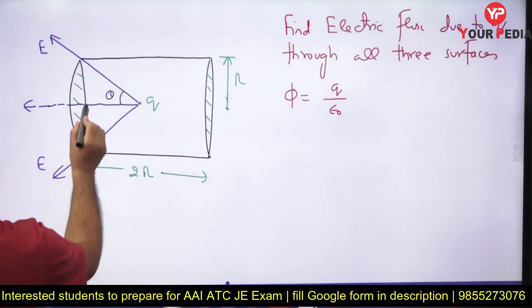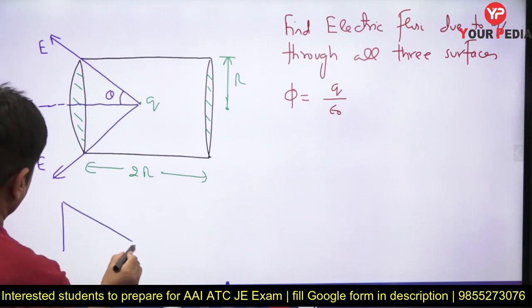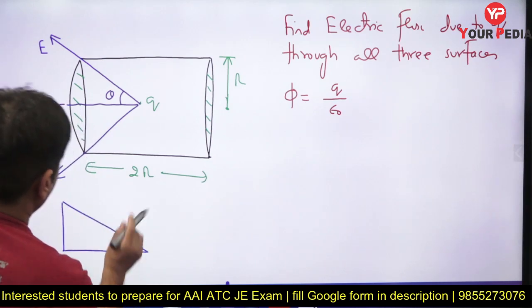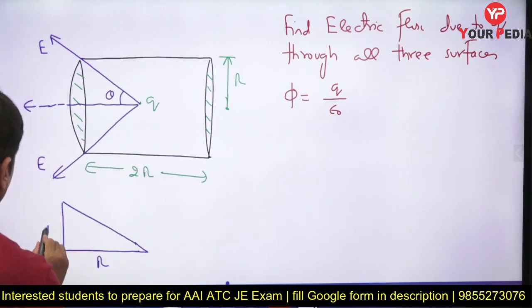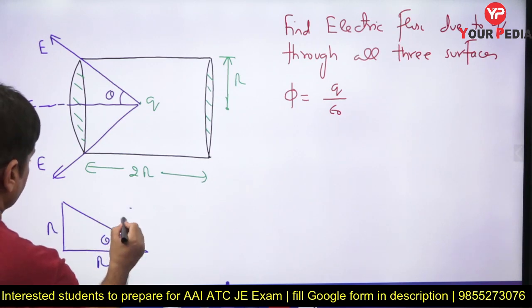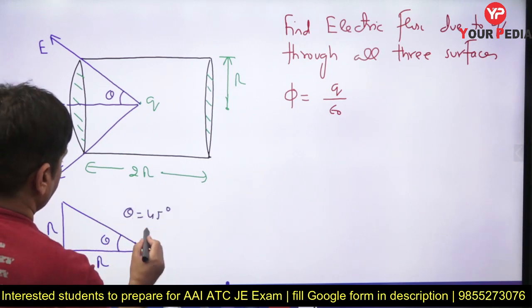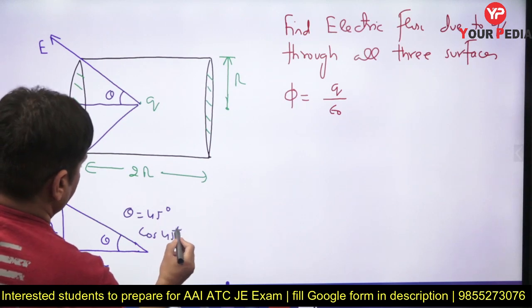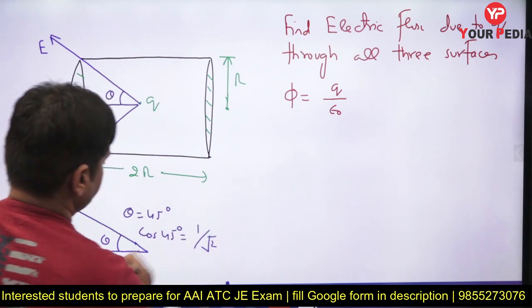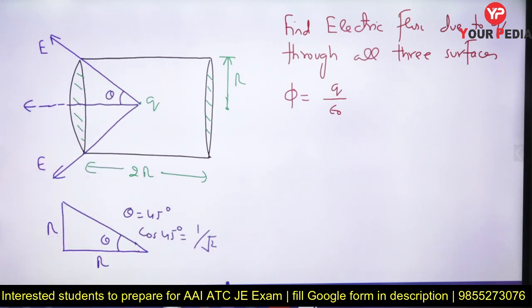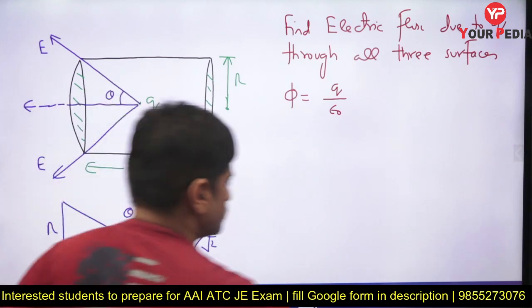If you see, this is the triangle which we are getting. This is r, this is also r, this is theta. So theta is nothing but 45 degrees and cos 45 degrees is 1 by root 2. So in this case theta is this much. Can I use this formula now?